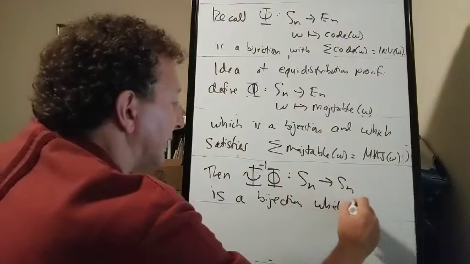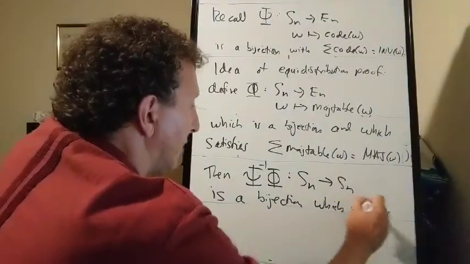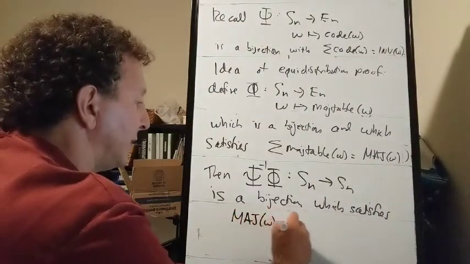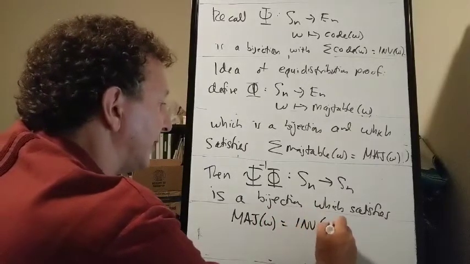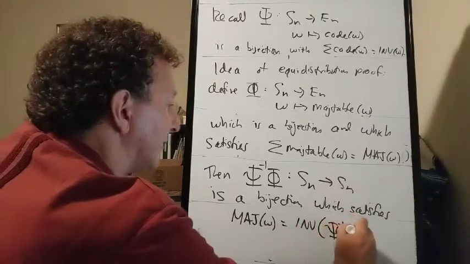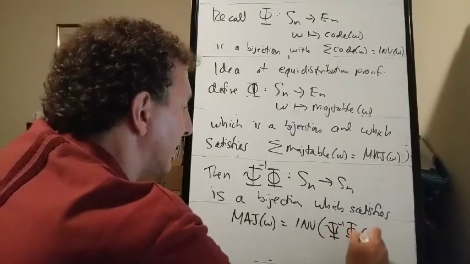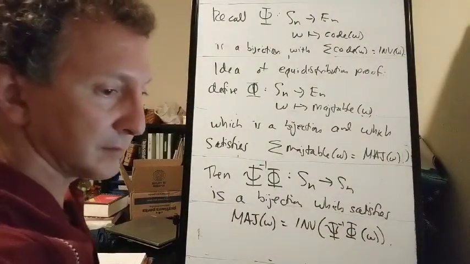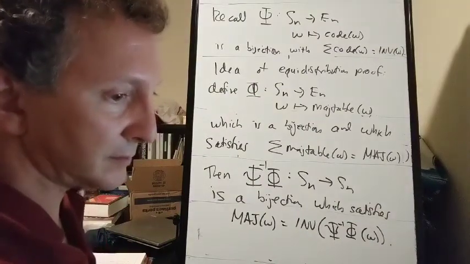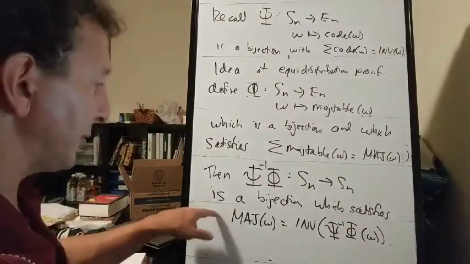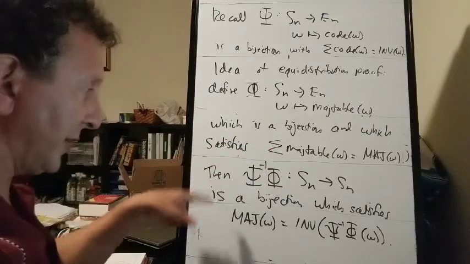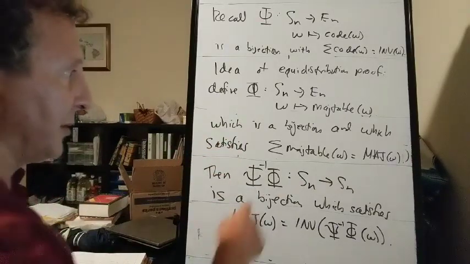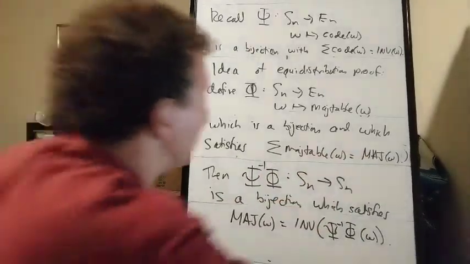And this bijection satisfies that the major index of W equals the number of inversions in psi inverse phi of W. So let's define this major index table and then show that we have a bijection, and that the bijection has the right properties, that the sum of the major index table letters is going to be the major index of W.